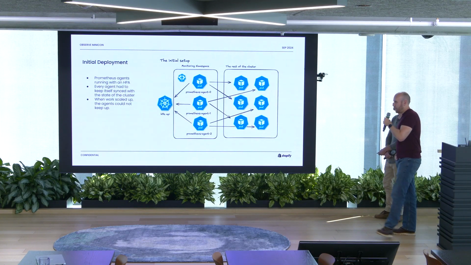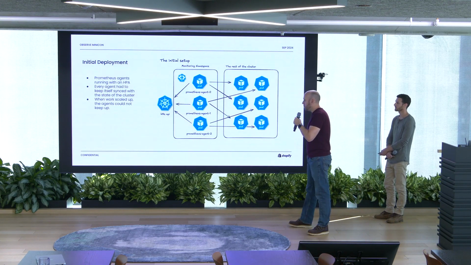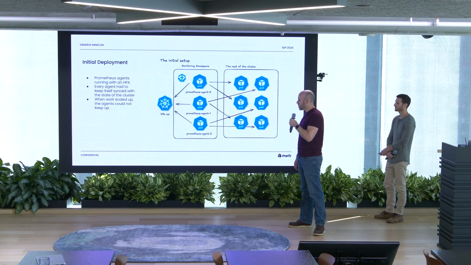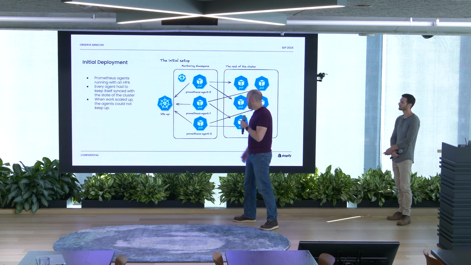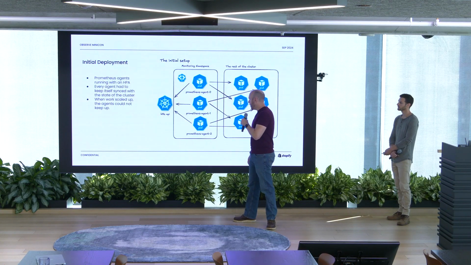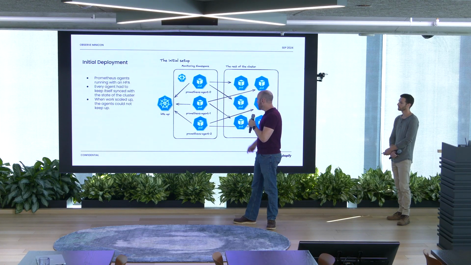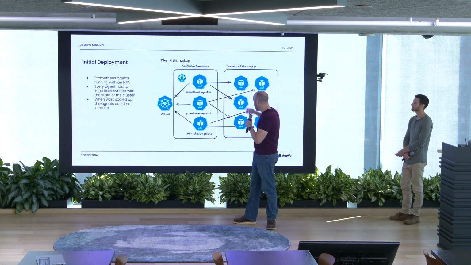So this is a look at our initial setup here. It's very similar to what you might use the open source Prometheus operator for. We would essentially set up a replica set of Prometheus pods. Each one has a percentage of targets to look at. So we hash the IP address of the targets.